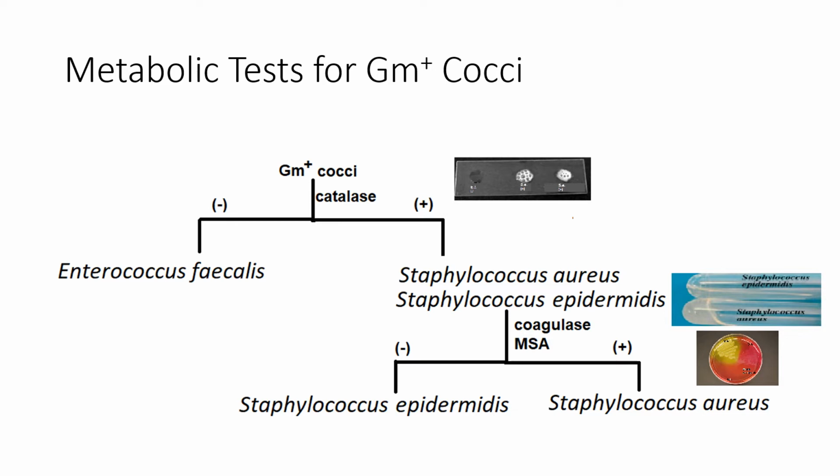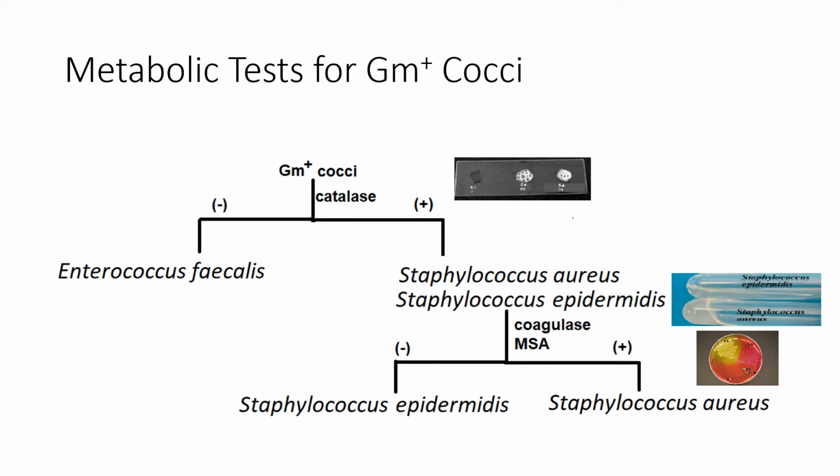You start with a gram stain: gram-positive goes to the left, gram-negative goes to the right. Between the gram-positives, are they cocci or bacilli? We'd be following the cocci. First, you do a catalase test. If you're negative for catalase, you're Enterococcus faecalis. If you're positive for catalase, and we saw that here, you could be either Staph aureus or Staph epidermidis.